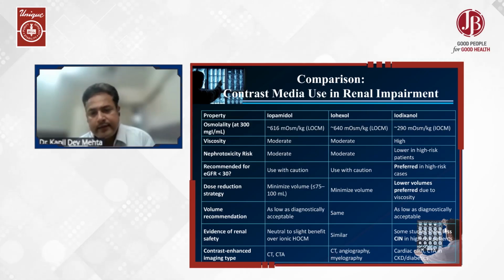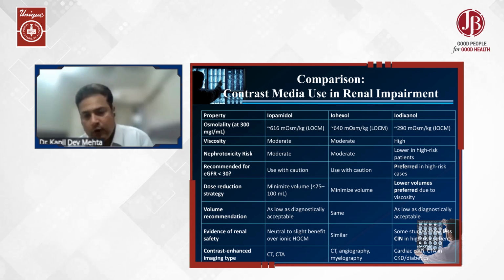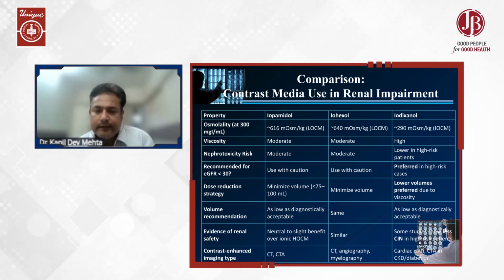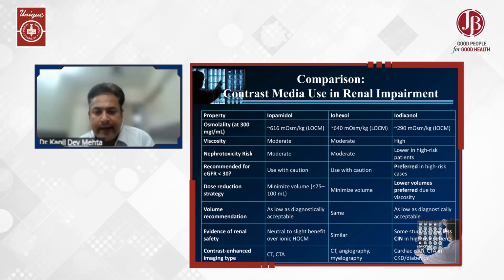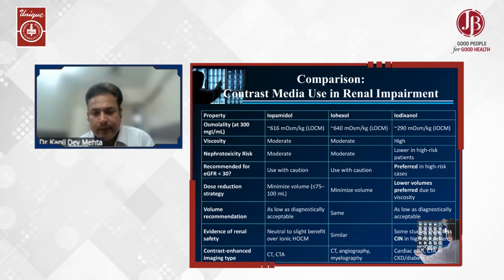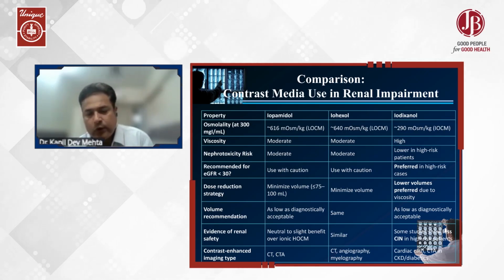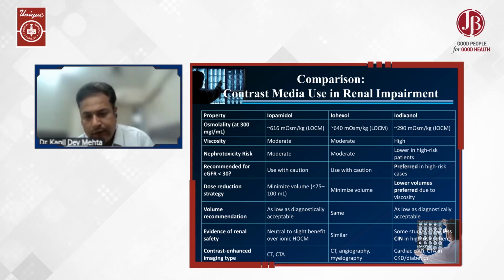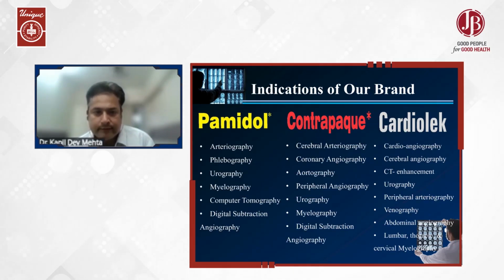Cardiolec, as I discussed, can also be used for all kinds of angiographies, and it is also preferred for myelography. It is also a preferred agent in patients having kidney dysfunction.